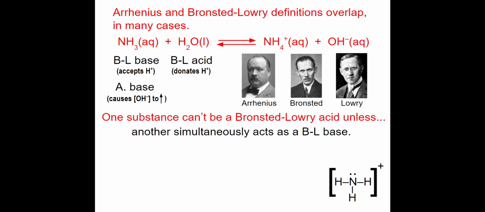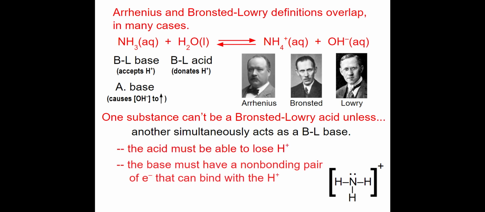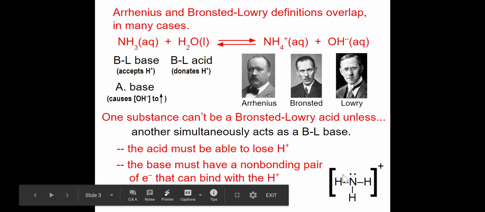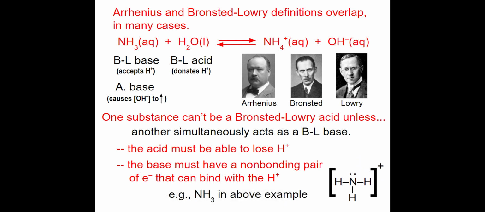One substance can't be a Brønsted-Lowry acid unless another simultaneously acts like a Brønsted-Lowry base. The acid must lose the hydrogen, and the base must have a non-bonding pair of electrons that can bind with the hydrogen. Here in NH3, there's a non-bonding pair of electrons. It'll add the hydrogen, so now you'll get NH4+.